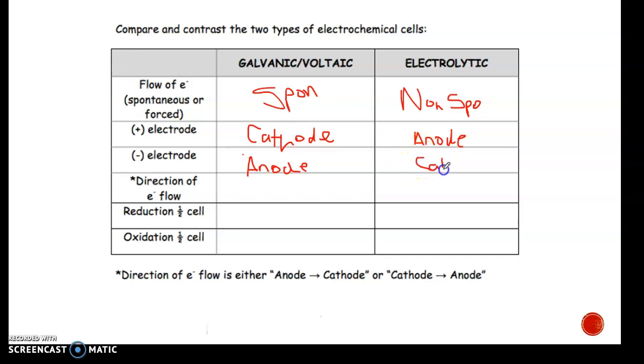So you see how they're different, these three? Now over here, the rest of these three are not that different at all, because electrons still go from anode to cathode for both of them. Right? So A to C. I like to think of the alphabet. And over here, we still have red cat and an ox.